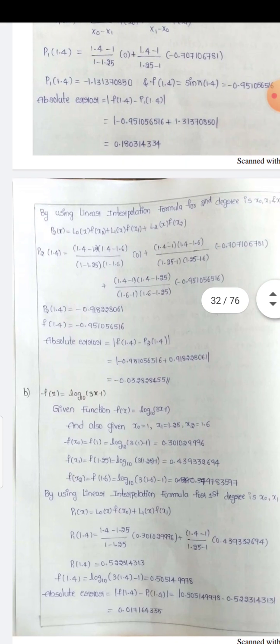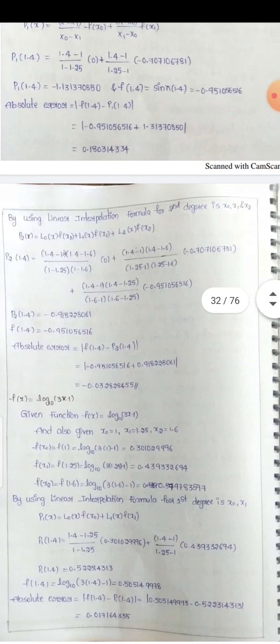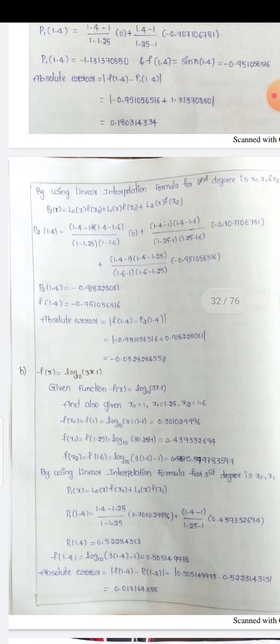By using linear interpolation formula for second degree, x0 comma x1 and x2, P2 of x is equal to L0 of x f of x0 plus L1 x f of x1 plus L2 x f of x2.